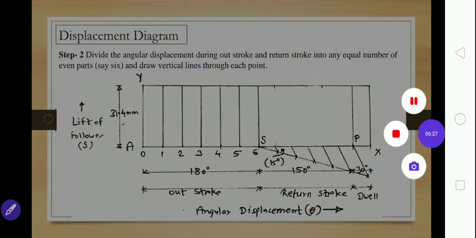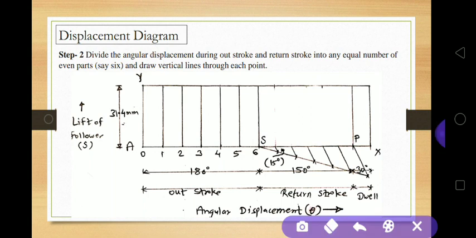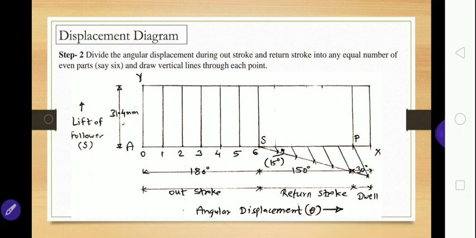After joining that last point with P, draw parallel lines through these points on the SP line, parallel to the last line which we have drawn. So these inclined lines drawn parallel to the last line divide the SP line into 6 equal parts, which are exactly equal parts.